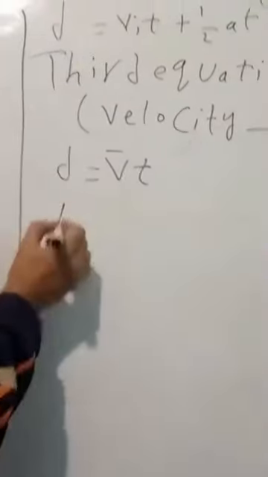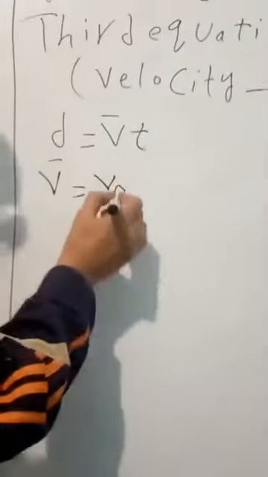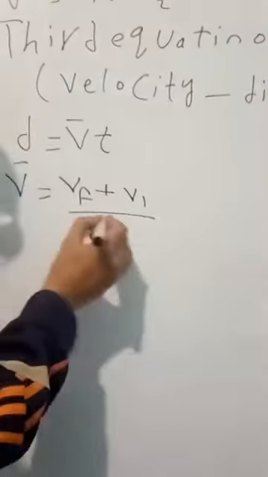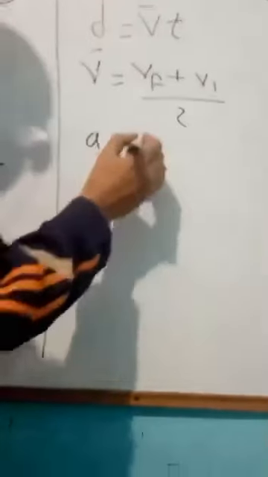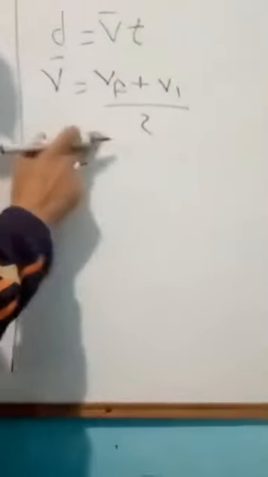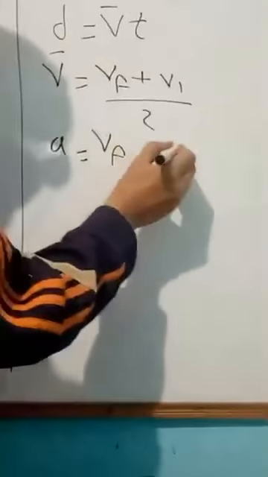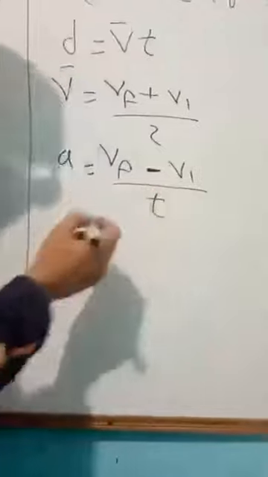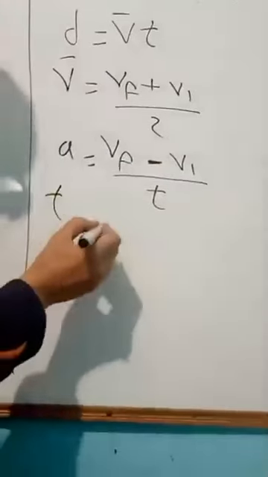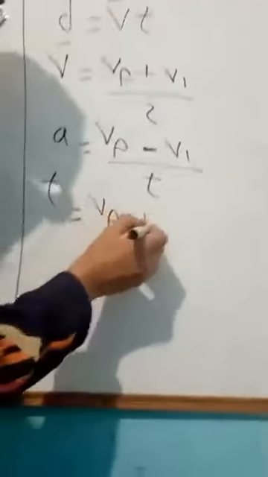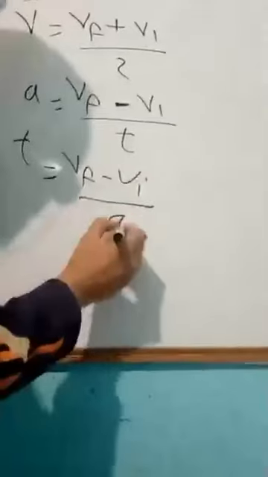I know that V dash equals Vf plus Vi over 2. From the relation A equals Vf minus Vi over T, we can say T equals Vf minus Vi over A.